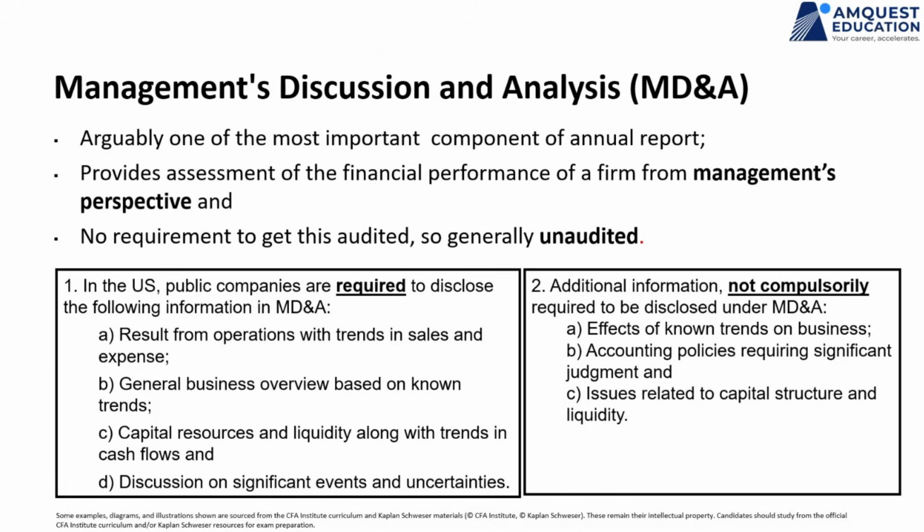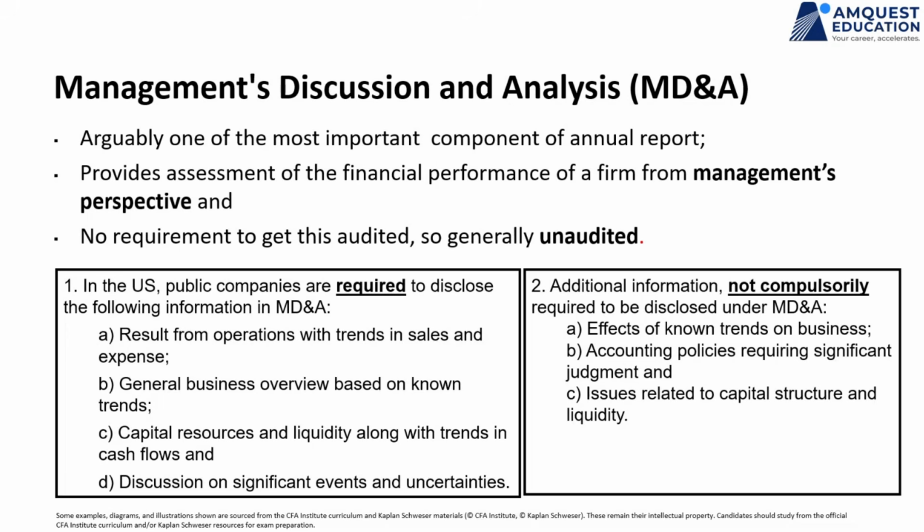In the US, public companies are required to disclose the following information in MD&A: the result from operations with trends in sales and expense. So this is mandatory. This is something that you will have to disclose. General business overview, capital resource and liquidity, along with trends in cash flow, and discussion on significant events. So mandatory.